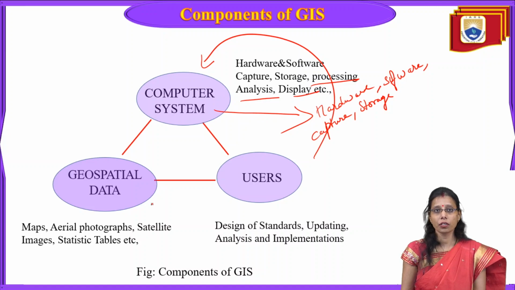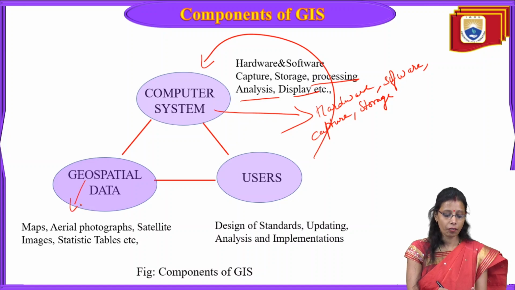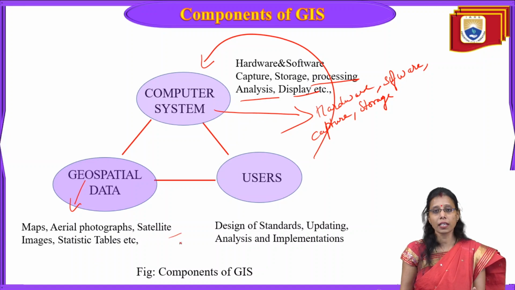In the previous lectures we discussed spatial and non-spatial data many times. Geospatial data is spatial and non-spatial data studied together. Under geospatial data we have maps, aerial photographs, satellite images, statistics tables, etc. Same with users: we have design of standards, updating, analysis and implementations. That all comes under the user part.